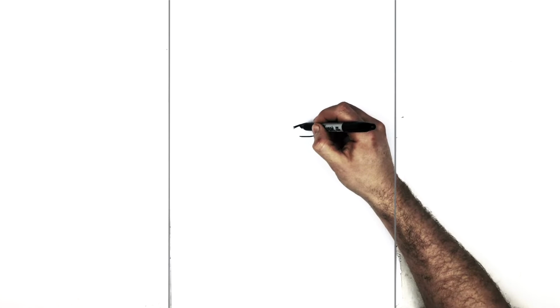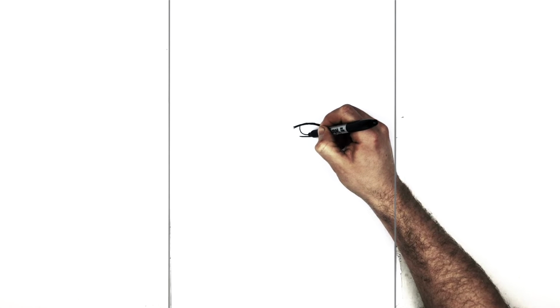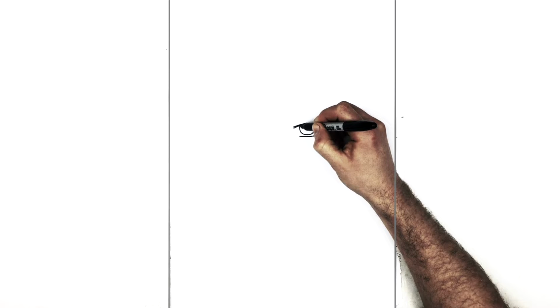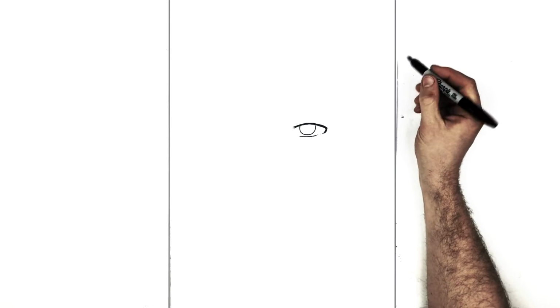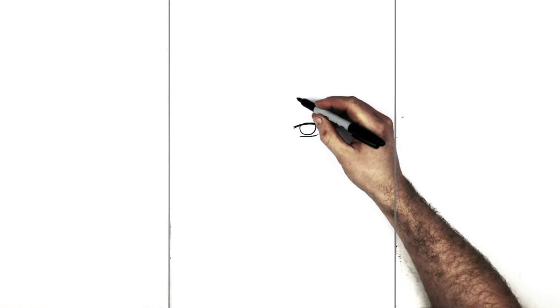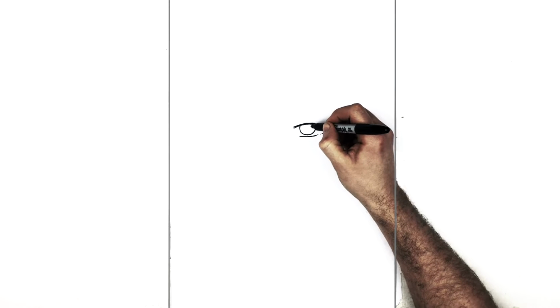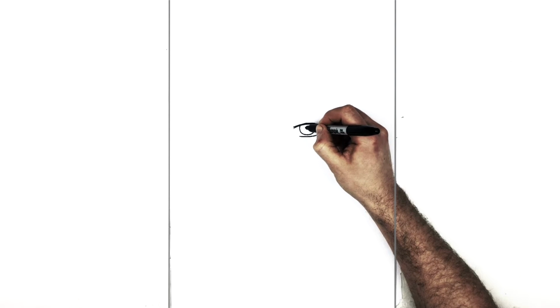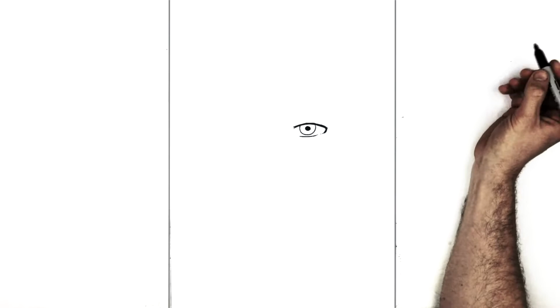And then his iris curves around, a half circle, because his eyelid is covering it. And then we have a pupil just in here. Like so.